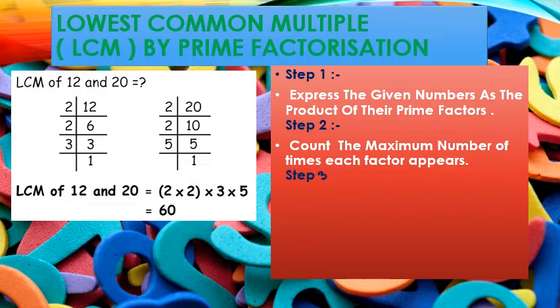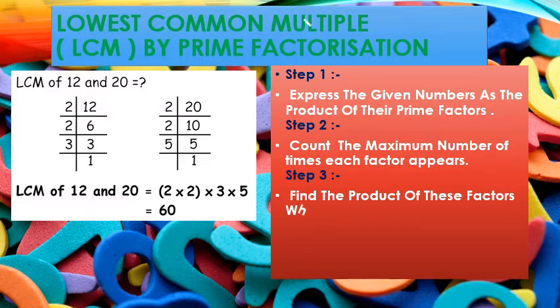So the maximum number of times each factor appears, we have to count. Once we find that, we get the product of these factors, and that gives us the required LCM.